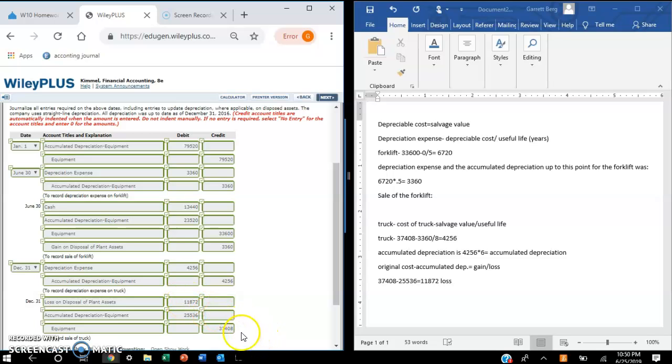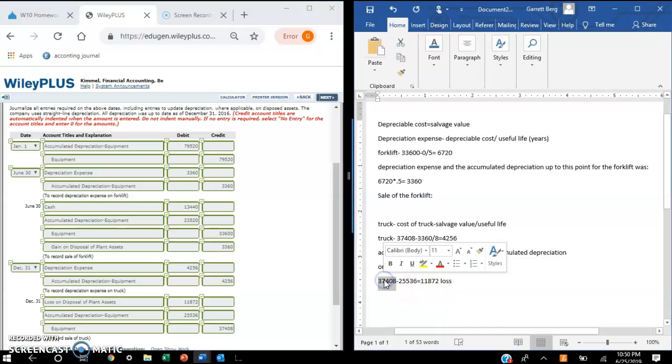We take that $37,408, the original cost of the equipment, minus the accumulated depreciation of $25,536, and we get the ultimate value of $11,872, and that is a loss. So we debit that to the loss on disposal of plant assets.